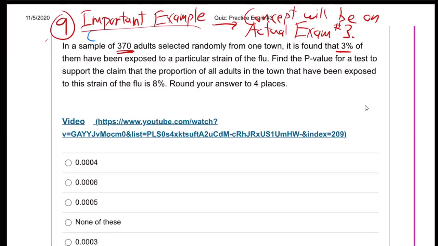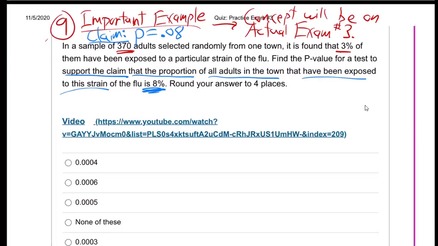So let me come up here and write claim. And let's figure out what's being claimed. Support the claim that the proportion of all adults who have been exposed to the strain is 8%. P equals 0.08. That's what's being claimed, right?